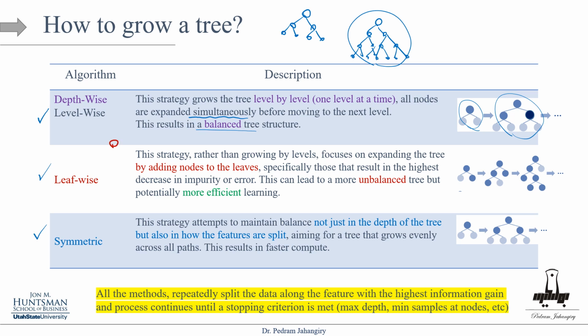If I go to level 1 and then level 2, I don't need to complete this part. I can go to level 3, I can go to level 4, something like that, right? This can lead to an unbalanced tree, but potentially a more efficient one. This is what LightGBM is using, so that's why it's faster and more efficient. And here is a schematic version of that.